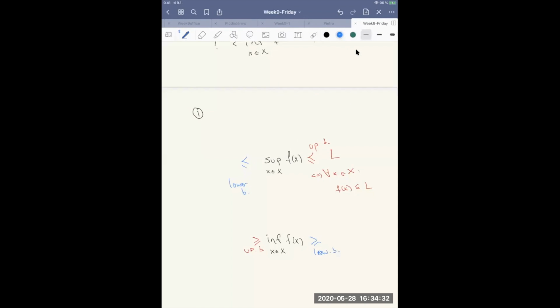A lower bound, on the other hand, means that if we say that the supremum is bigger than or equal to some other value, let's call it A, then, and this is where the less than or equal to comes into play, if we go a little bit below A, it cannot be an upper bound. So for all epsilon positive, there exists an element x in X such that f of x is strictly bigger than A minus epsilon.